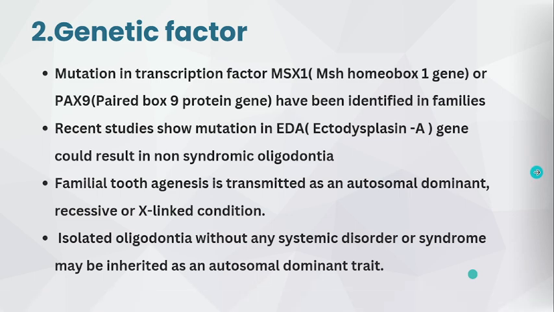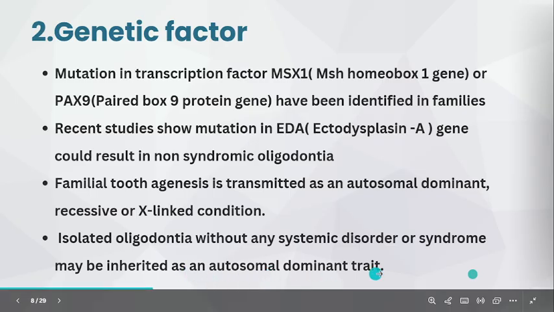Genetic factors are the primary cause, especially mutations in the transcription factor MSX1, the muscle segment homeobox 1 gene, or PAX9, the paired box 9 protein gene, which have been identified in families. Recent studies show mutations in ectodysplasin A genes could result in non-syndromic oligodontia. These are all the factors that can lead to oligodontia.